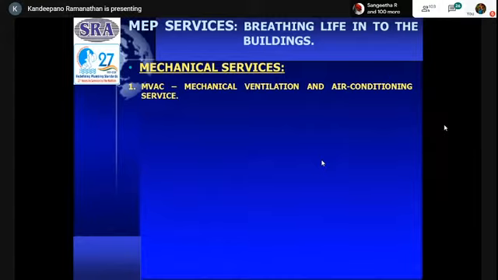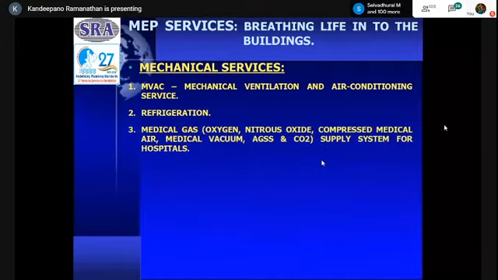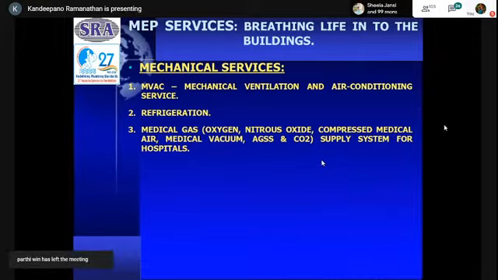Okay, now the foremost of the mechanical services, number one, is MVAC, mechanical ventilation and air conditioning services. Number two, refrigeration, which is an allied service. Medical gas systems, which comprise oxygen, nitrous oxide, compressed air, medical vacuum, that is for suction, then AGSS, anesthetic gas scavenging system, and CO2 gas supply system.